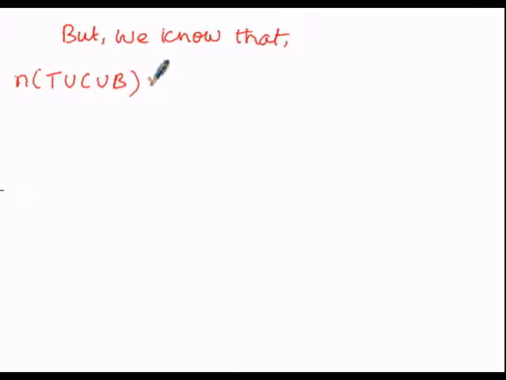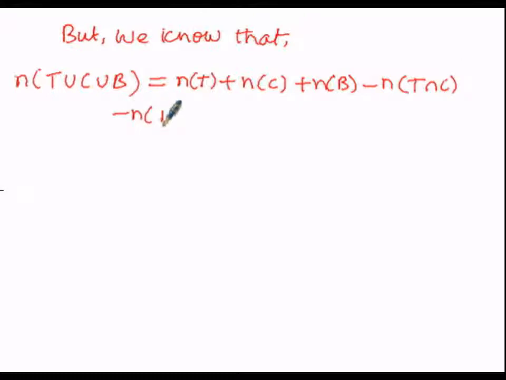It can be given by n of T plus n of C plus n of B minus n of T intersection C minus n of C intersection B minus n of T intersection B plus n of T intersection C intersection B.